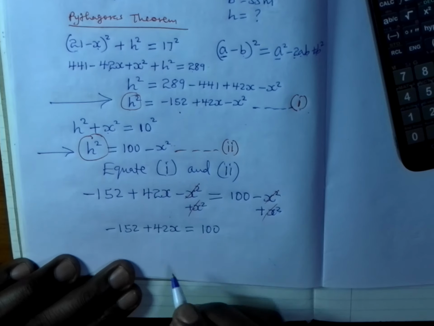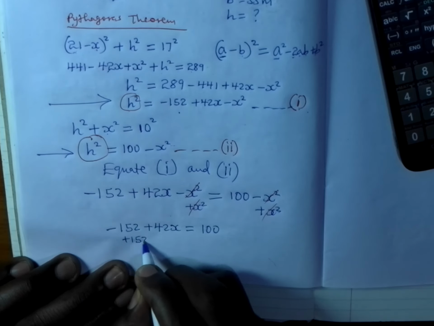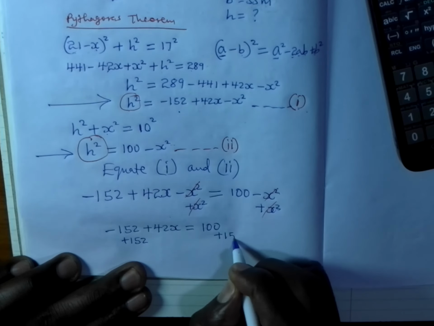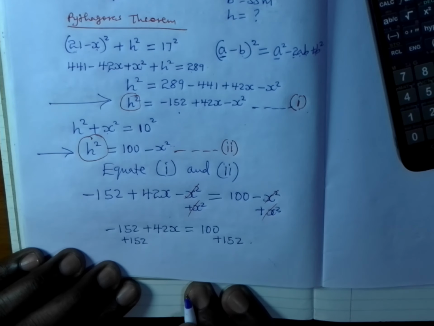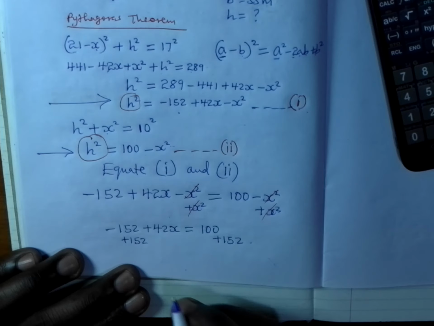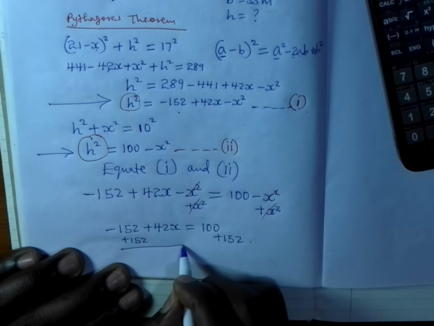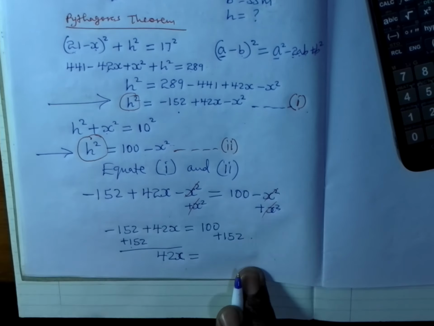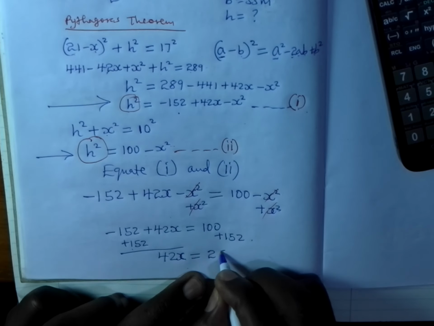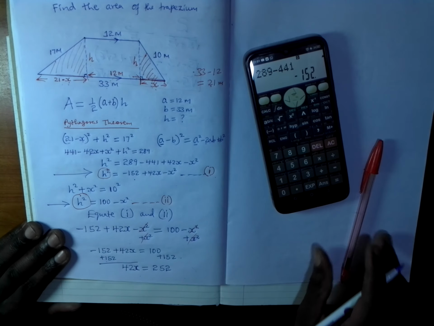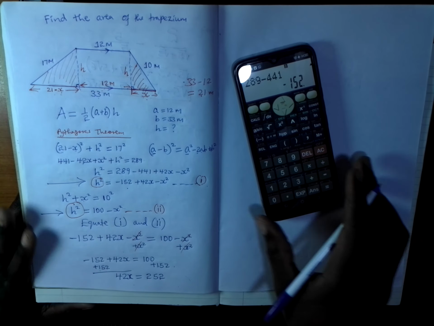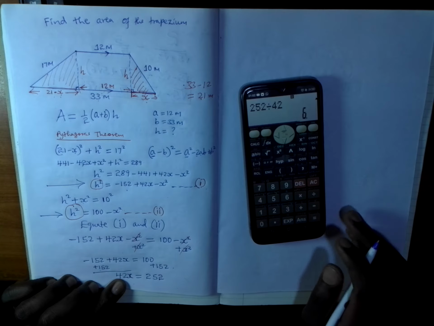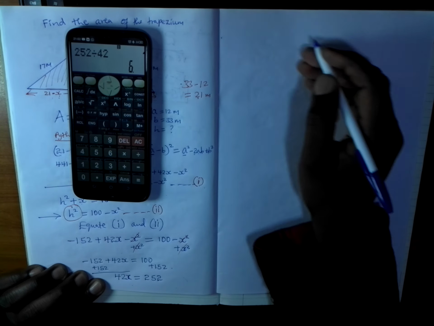So again, we can add 152 on both sides. So here we shall end up getting 0 on the left, then 42x will be equal to 252.